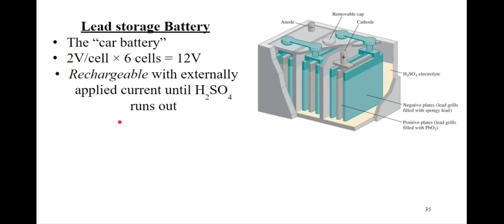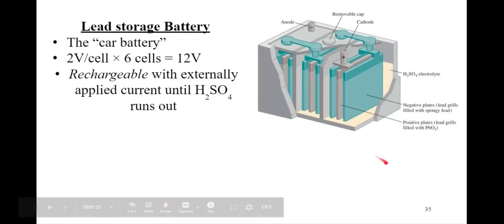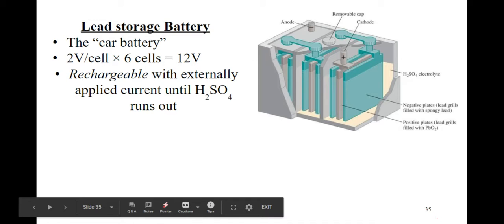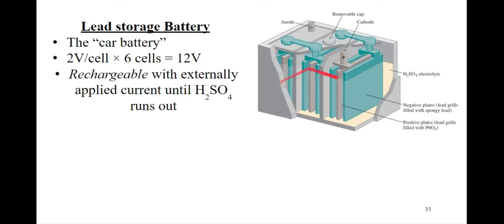Next, the lead storage battery, or as most people know it, the car battery. These lead batteries are not dry. Instead of a paste, if you've ever picked one up, you could slosh it around and feel the sulfuric acid sloshing around.